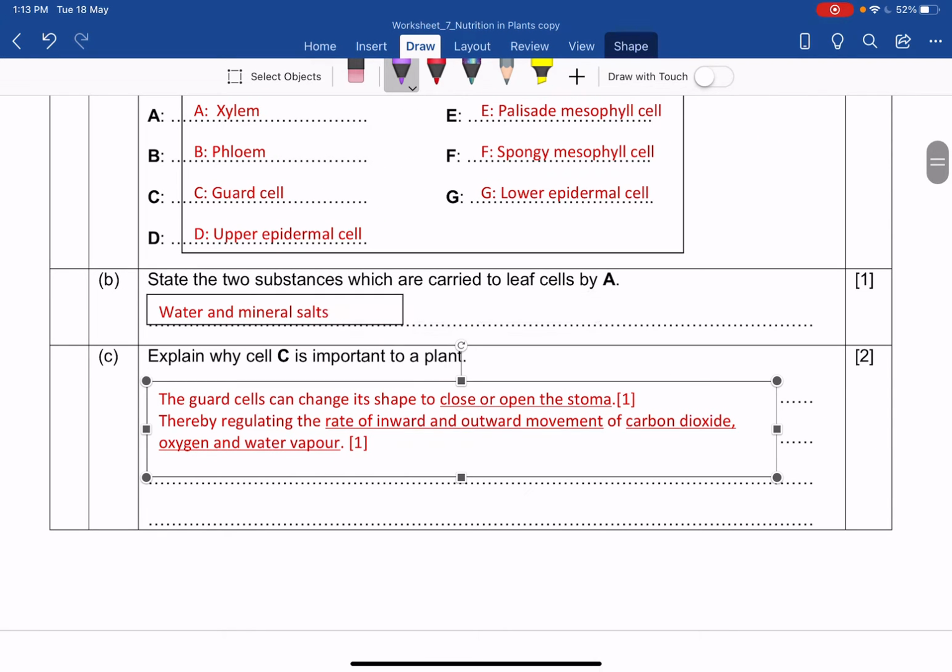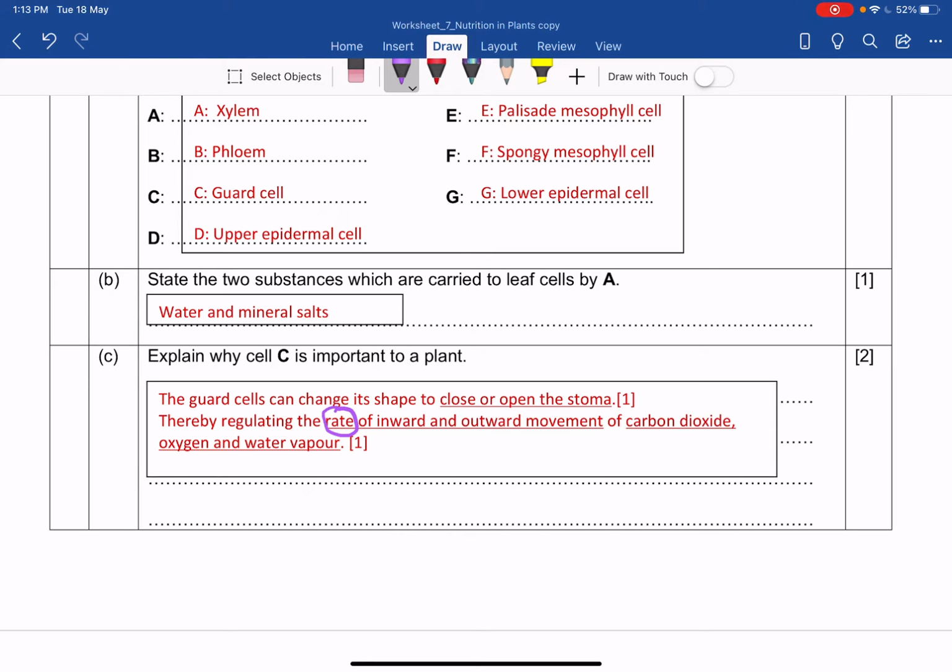It's important to write that the guard cells regulate the rate of the inward and outward movement of the following gases instead of regulating the inward and outward movement of the gases. That's all.